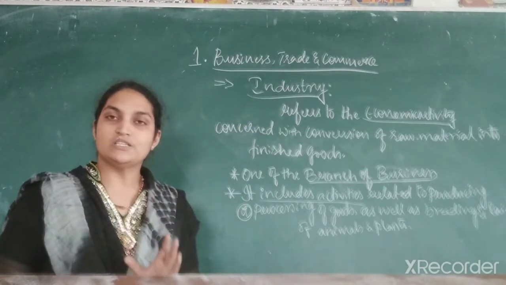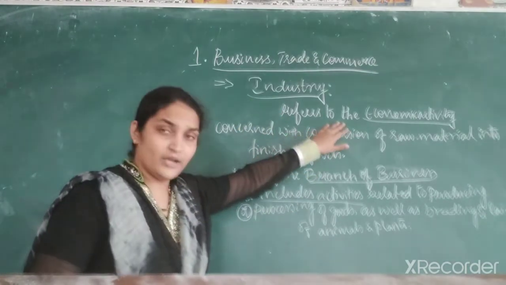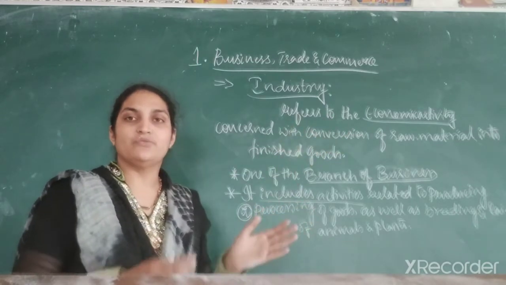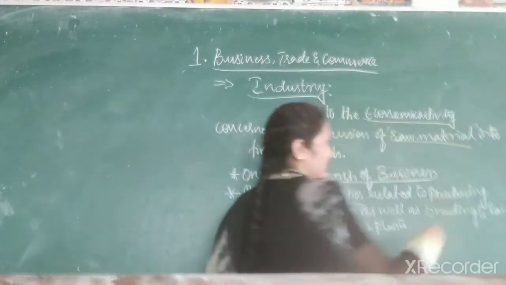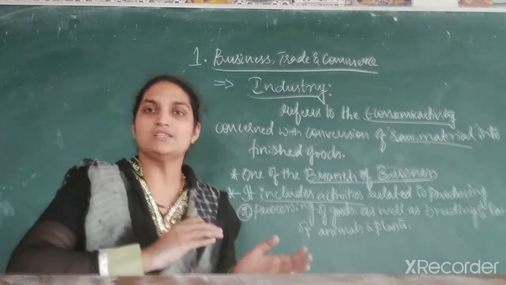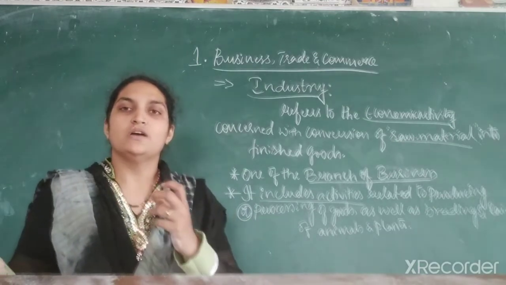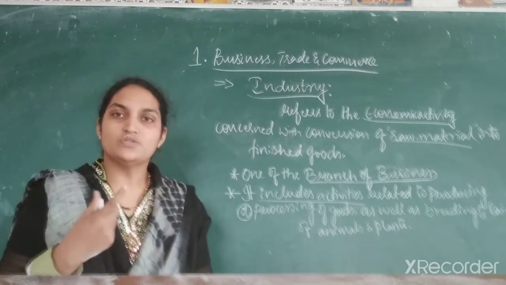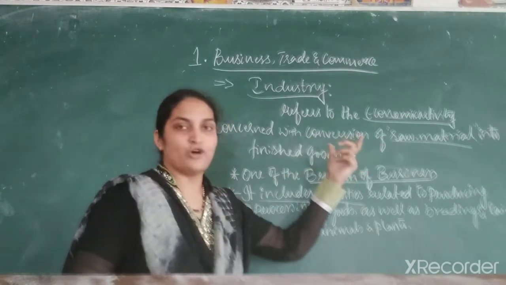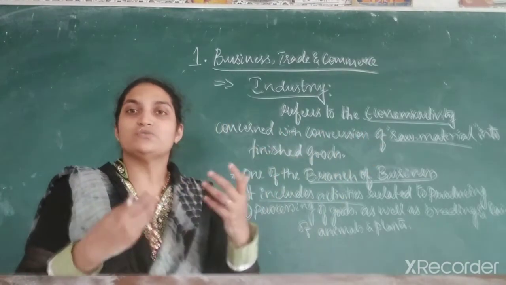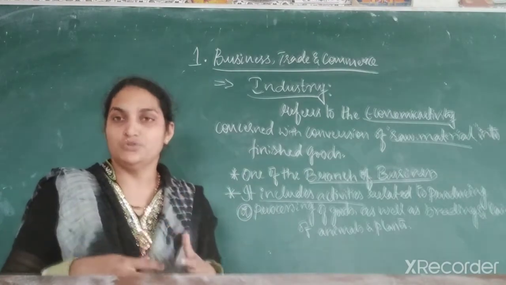So industries refer to the economic activity concerned with conversion of raw material. Conversion of raw material means what? For example, cotton is going to be converted into fabric, a usable product. That is what we say conversion of raw material, which we cannot use immediately.